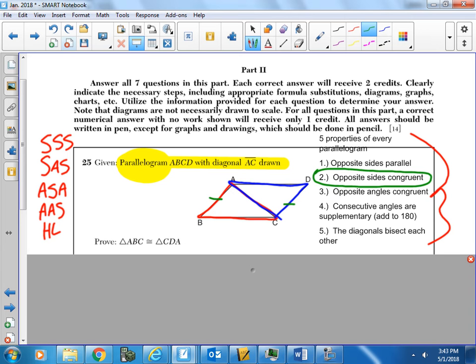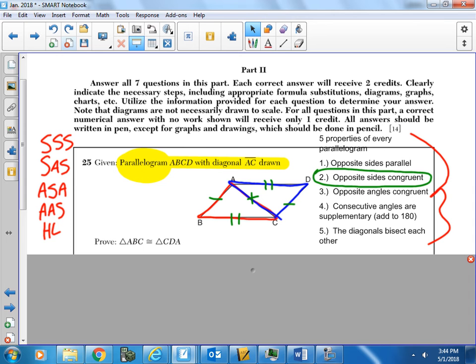We also know that AD and CB are the same. And then we know that they share AC by the reflexive property. So right there, we could use side, side, side. We could go in other directions, but that's the easiest way that I see.